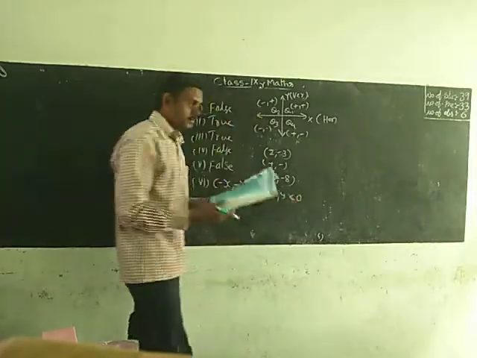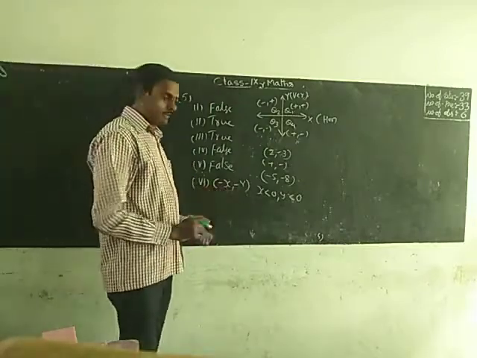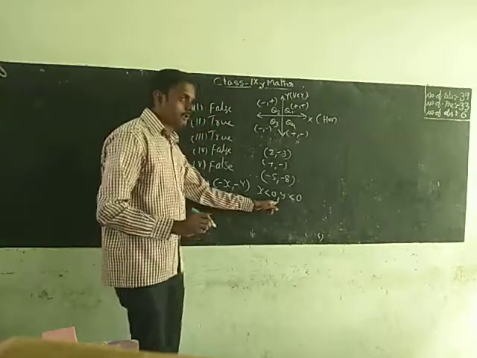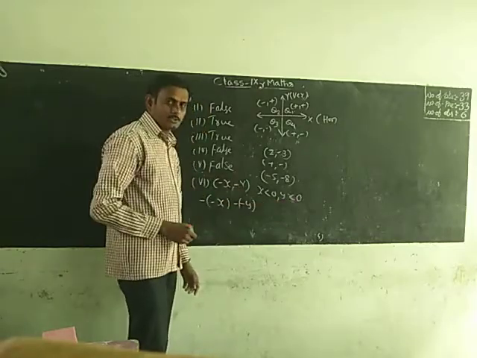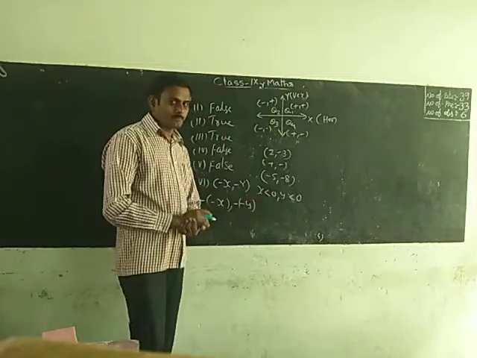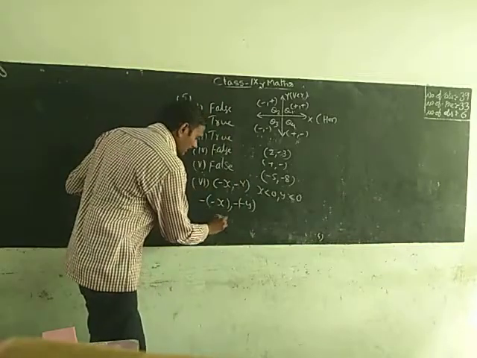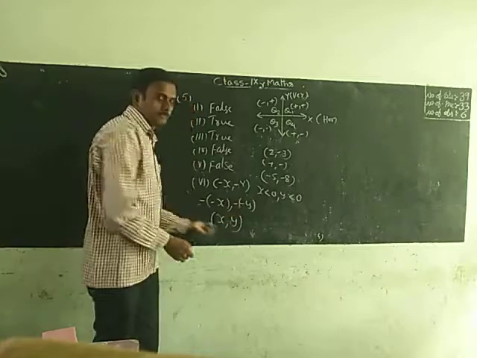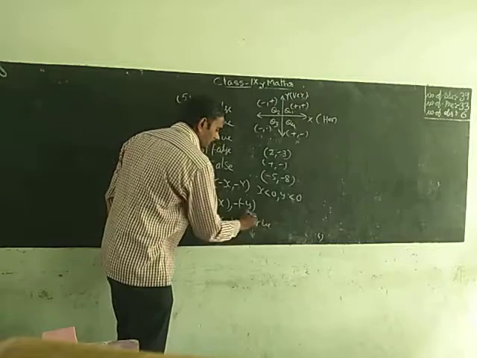See here, minus x, minus y. x less than 0 means multiply with minus, y less than 0 means multiply with minus. Now multiply: minus and minus becomes plus. So (-x, -y) is located in the first quadrant. True.